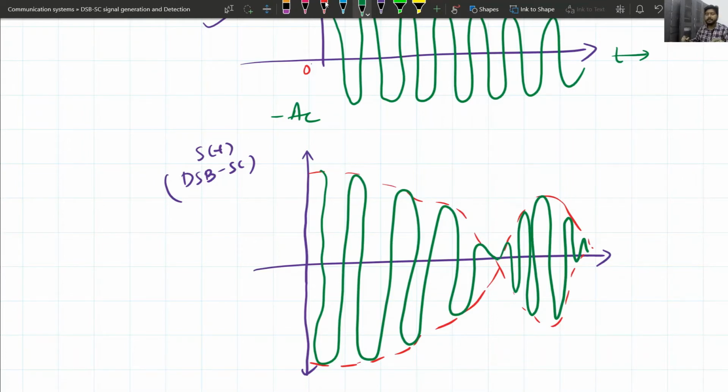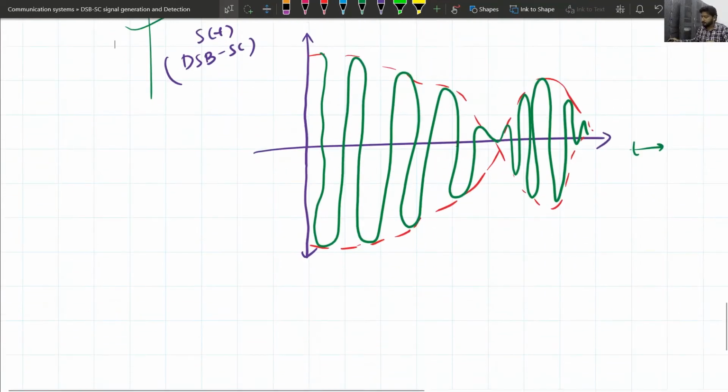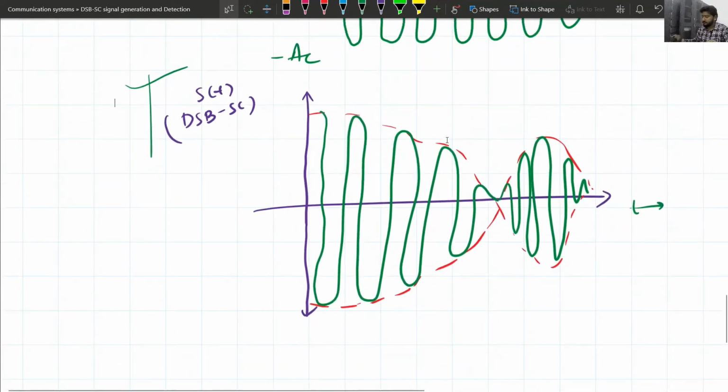So this will be the representation of the double sideband suppressed carrier wave. And this will be the envelope which will contain the message signal.